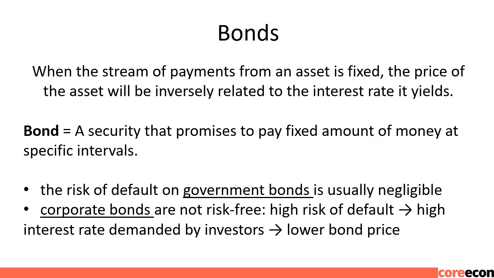Corporate bonds are not risk-free. On bonds with a high risk of default, a high interest rate is demanded by investors, so they have to be offered at lower bond prices in order for lenders to receive a higher return. So when the stream of payments from an asset is fixed, the price of the asset will be inversely related to the interest rate it yields.